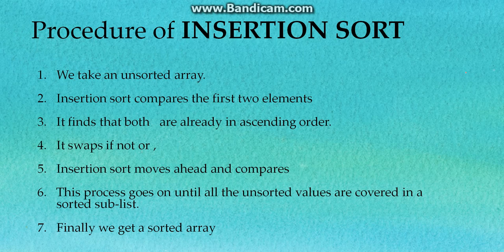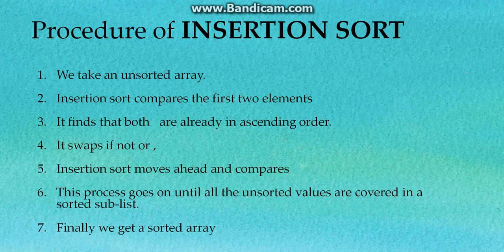The procedure of insertion sort is very simple and easy to understand. So first step, we are going to take an unsorted array. Of course, it should be unsorted because we need not sort a sorted array. Second, it starts comparing the elements from the beginning, and it keeps on comparing and checks if it is in ascending order or not.